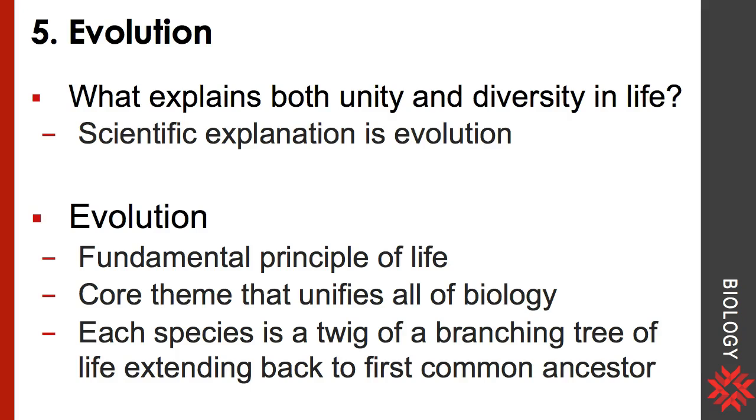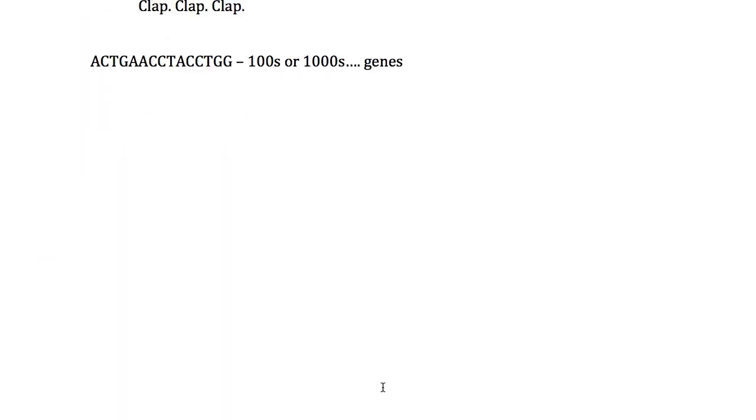So evolution is the scientific way to explain why we see such diversity as well as such unity in life. Evolution says that each current species is a twig on this branching tree of life that extends back to a first common ancestor.